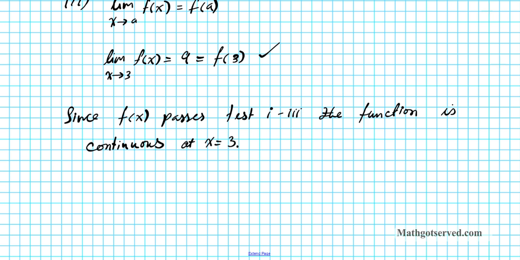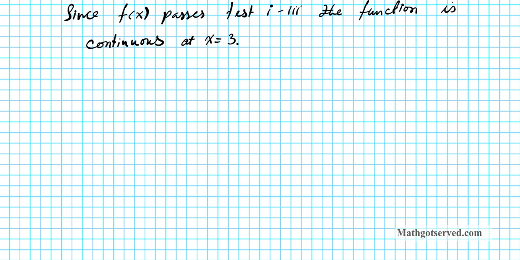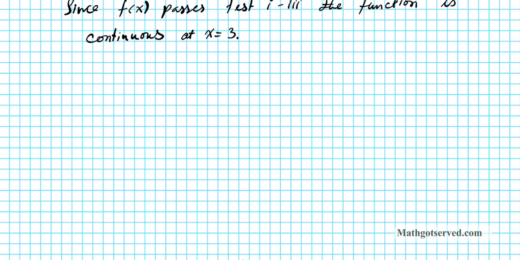All right, let's take a look at question number 3. Now, what if we have the following situation? We had the piecewise defined function f of x equals 3x plus 5 when x is less than 3, and 2x plus 9 over 2 when x is greater than or equal to 3.